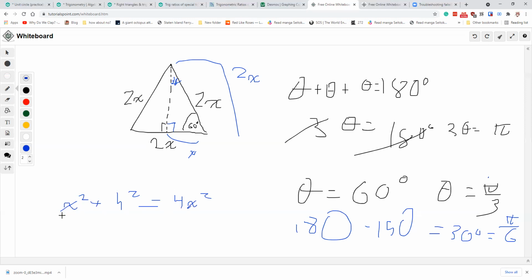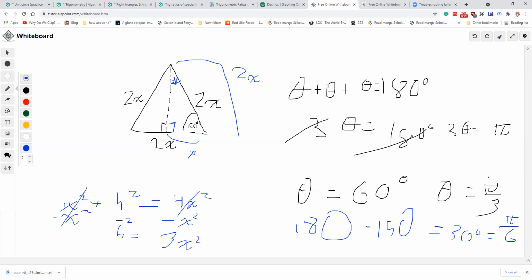To simplify this a little bit, let's subtract x squared on both sides. That way this cancels out, and we get, what is 4 minus 1? That's 3. So we get h squared is equal to 3x squared.